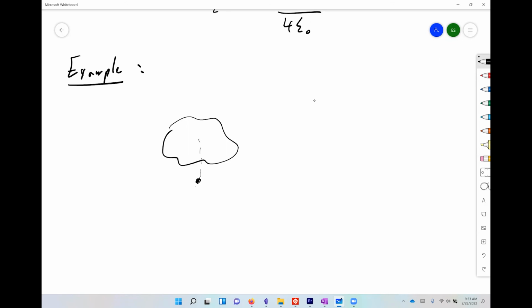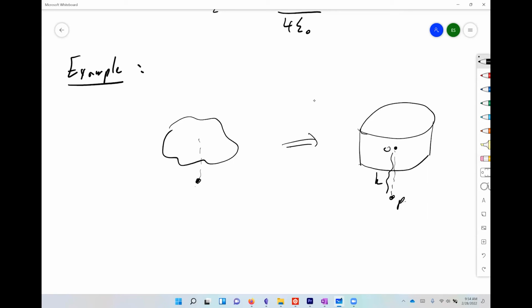So this is one of those things where we just assume a cylindrical cloud. We assume the cloud to be a cylinder centered at the origin, and we're at a distance h underneath the cloud, from the middle of the cloud. We want to find the field.